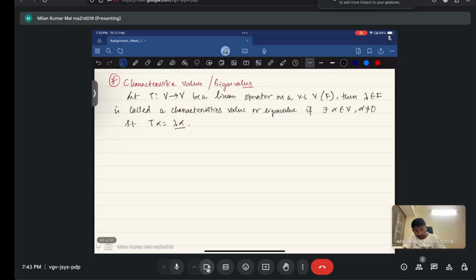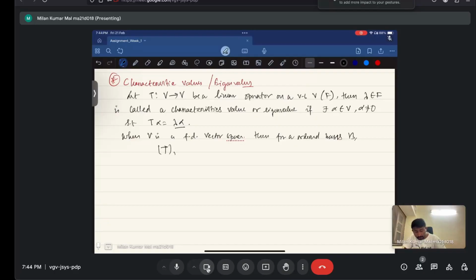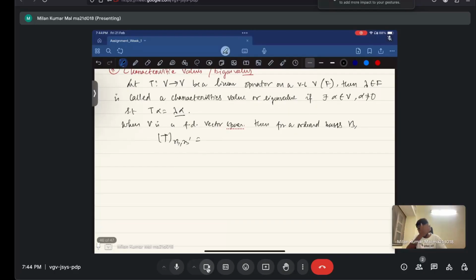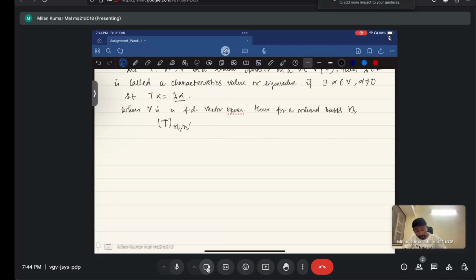Now when V is a finite dimensional vector space of dimension n, then for an ordered basis beta, the matrix of T with respect to beta is a matrix of order n by n.